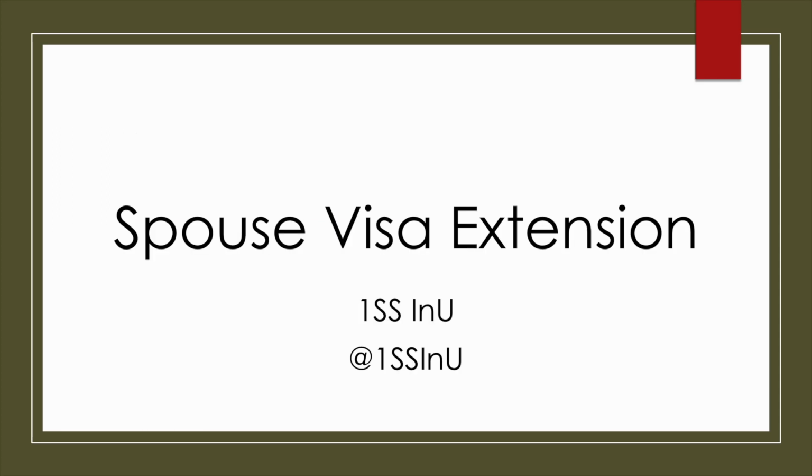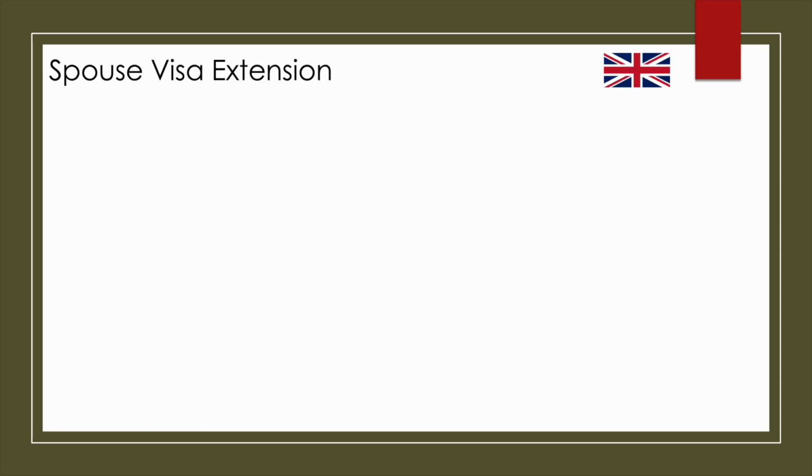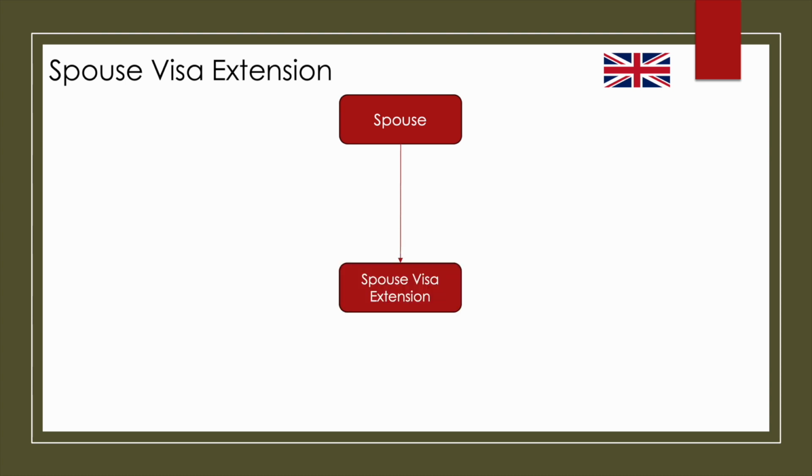Now let us look at spouse visa extension. When it comes to spouse visa extension, there is only one option: spouse visa extension itself. The earliest you can apply to extend spouse visa is 28 days before the expiry date of your spouse visa. In general, the spouse visas are granted up to a maximum period of 2 years and 9 months, and extensions of spouse visas are granted to a maximum period of 2 years and 6 months.